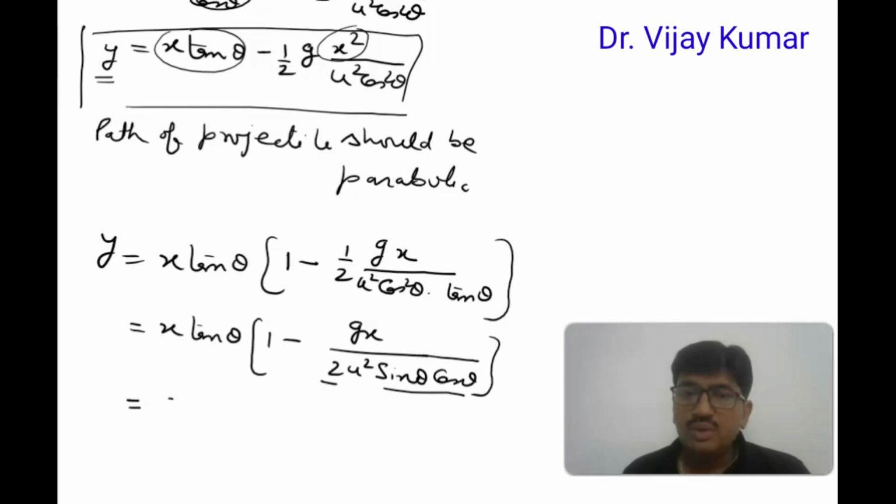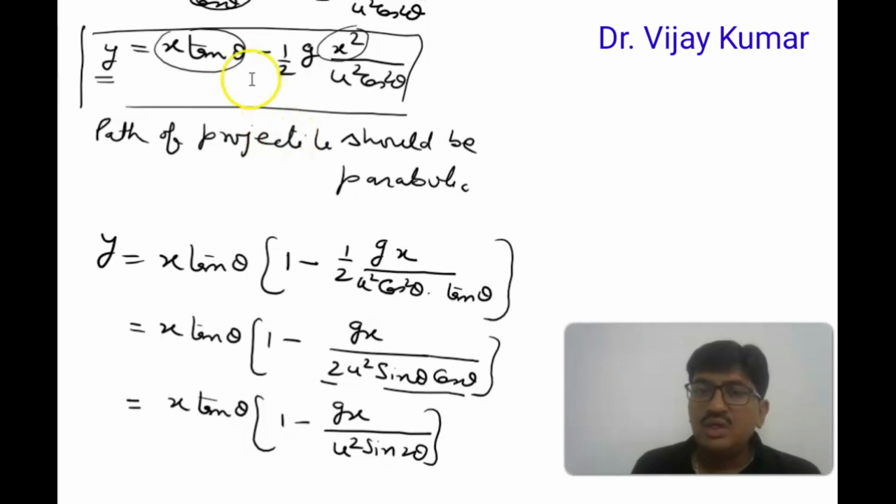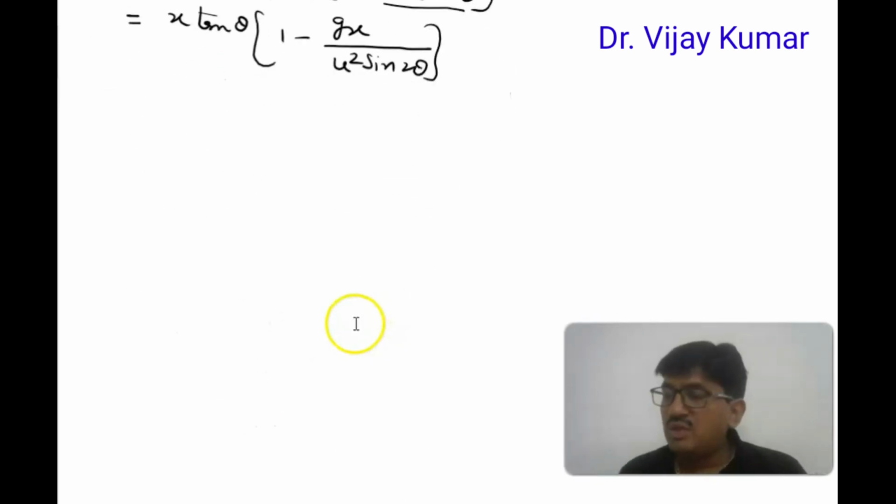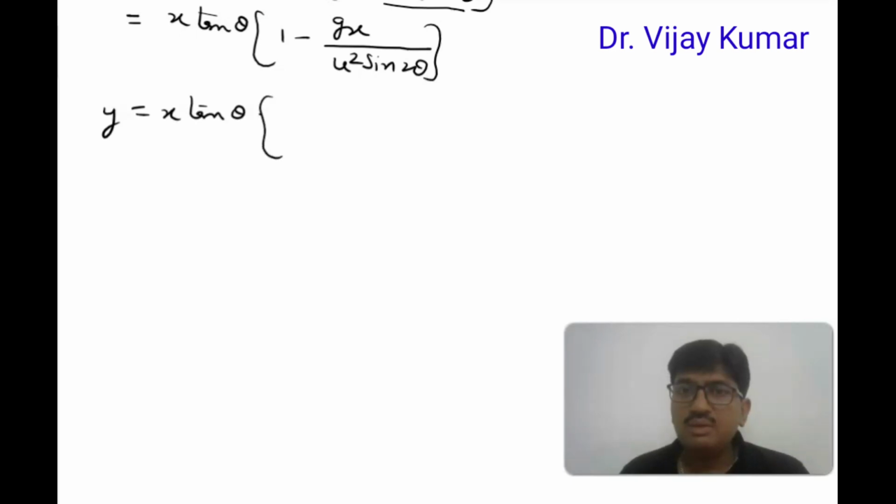So y equals x tan theta into 1 minus gx upon u square sin 2 theta, and we can also write it as y equal to x tan theta into 1 minus x upon u square sin 2 theta upon g.